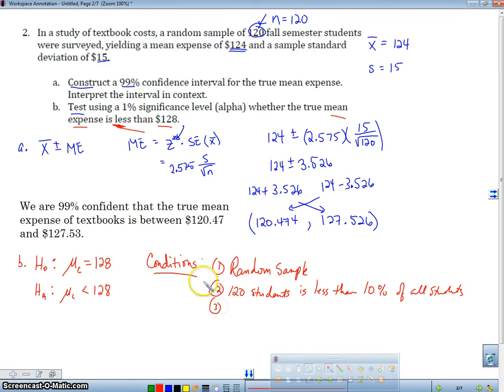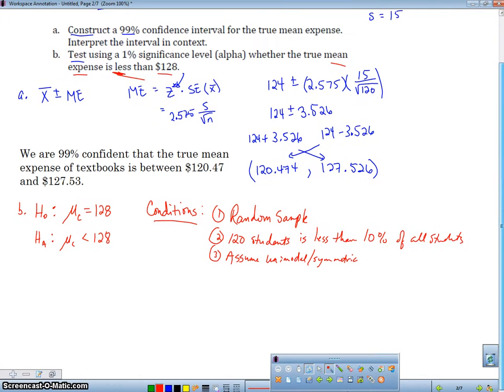Finally, we want to say that these come from a distribution that is relatively normal. So we're just going to assume that, okay? So go ahead and assume that the distribution is unimodal and symmetric. We don't know that, but that's the best we can do in this case because I didn't identify if it was. All right, so now we're going to continue with our mechanics.